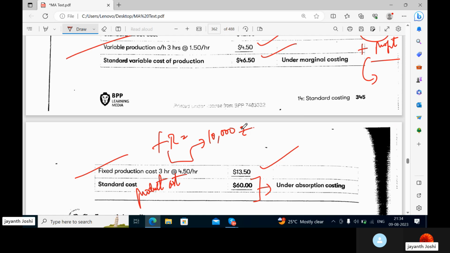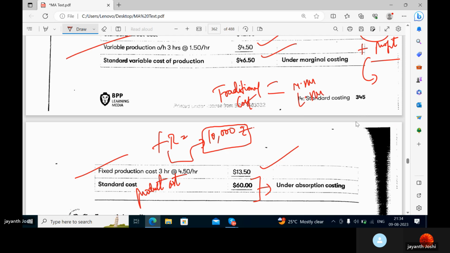For that, I have to divide this with the allocation base to find out the predetermined absorbed factory overhead. How will I do that? As per traditional costing, we will take two allocation bases, that is machine hours and labor hours, correct?